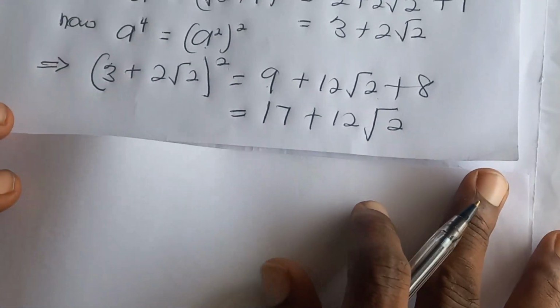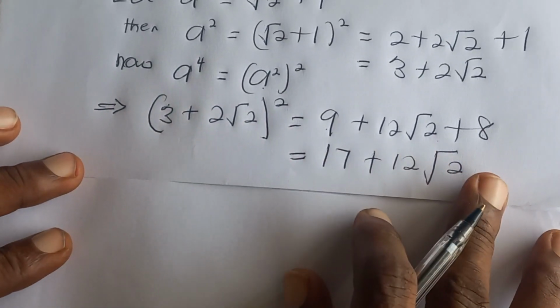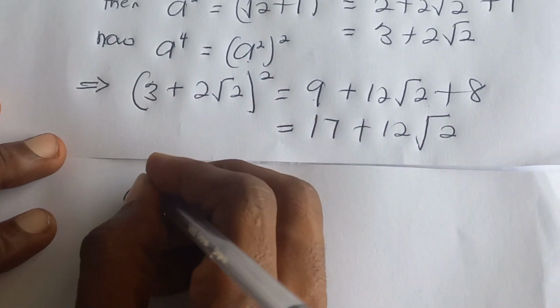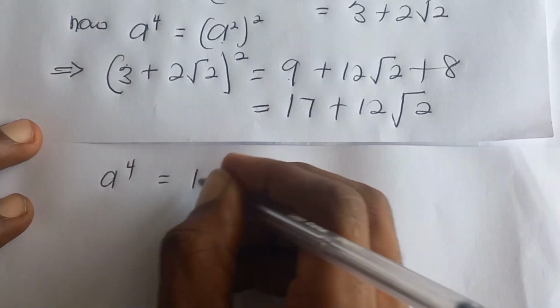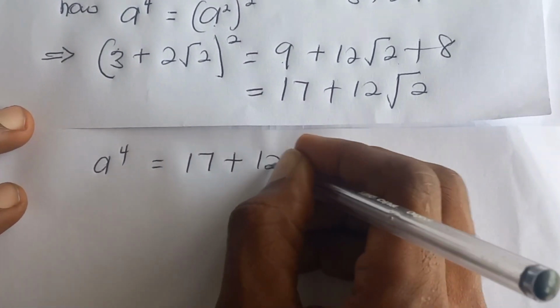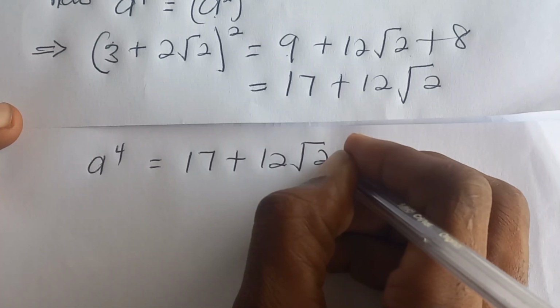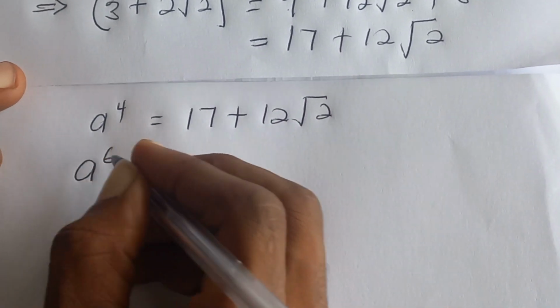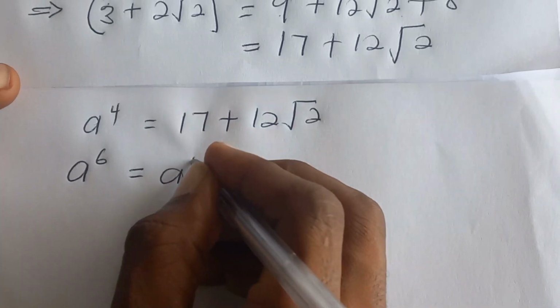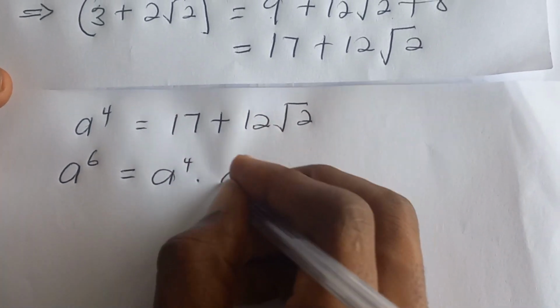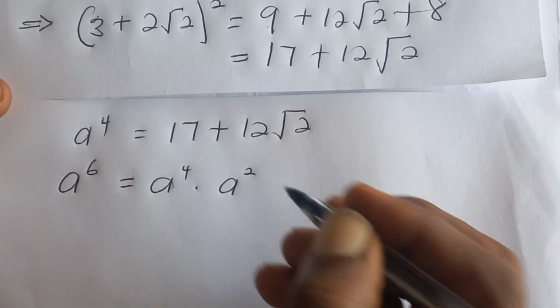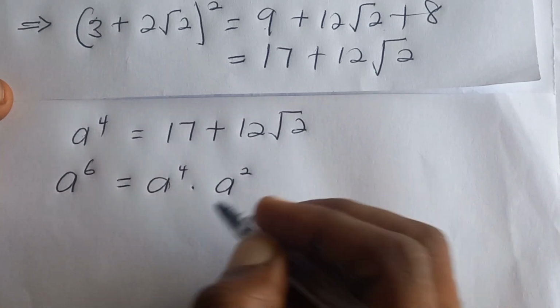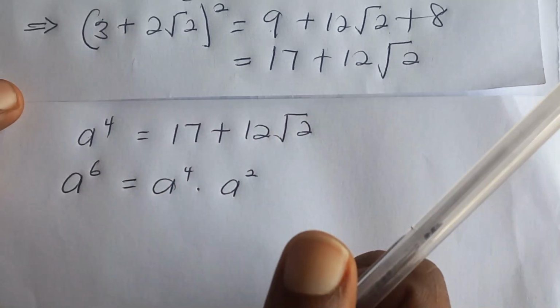So now we have a exponent 4 to be 17 plus 12 square root of 2. Then our a exponent 6 is equal to a exponent 4 multiplied by a exponent 2. This is simple algebra.